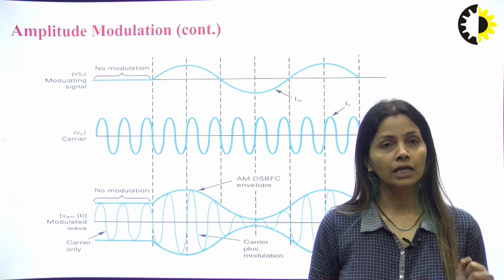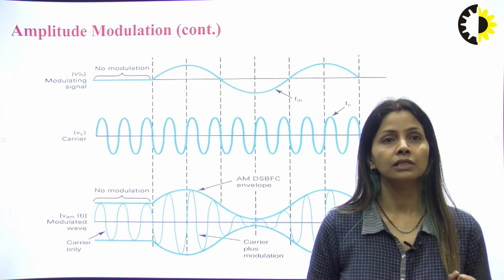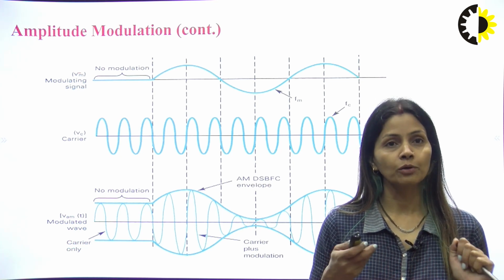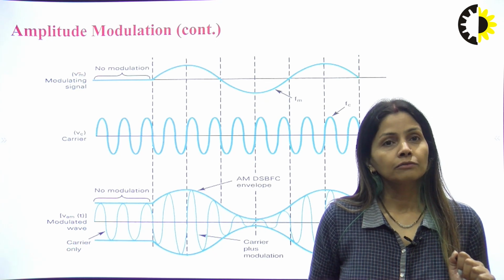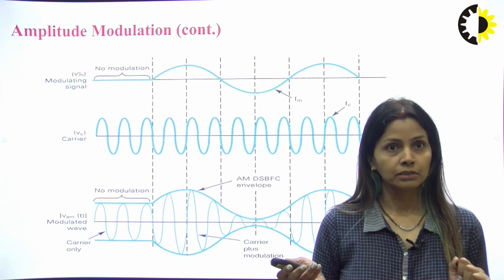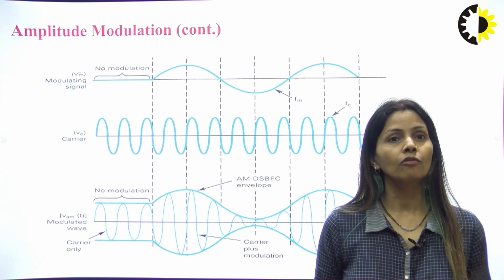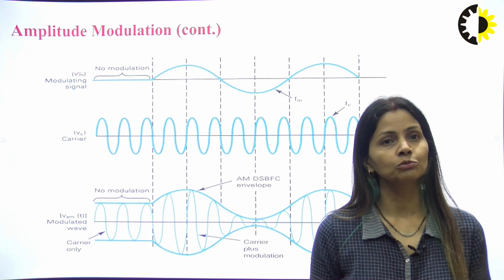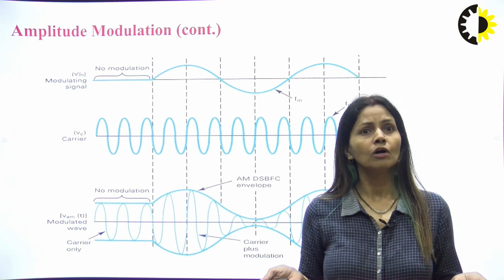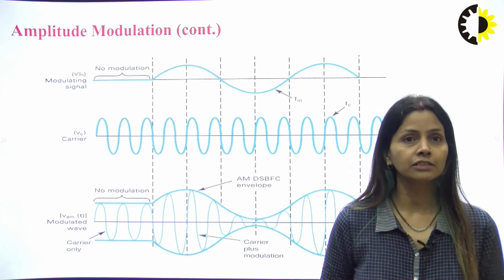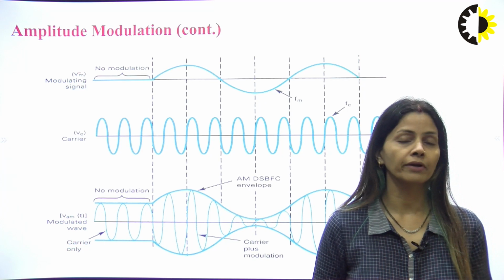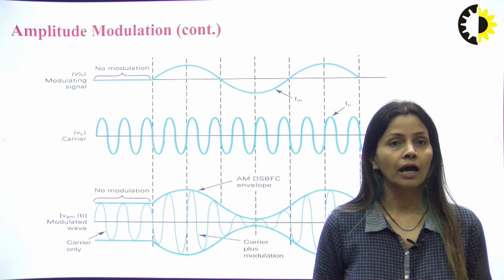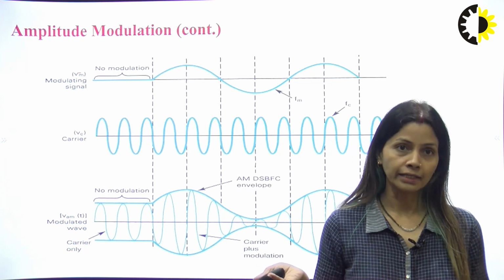If I want to transmit my voice, obviously I need some high frequency signal. But my voice is just between the frequency range of 20 hertz to 20 kilohertz, as you all know. So this is a very low frequency which cannot be transmitted to longer distances.